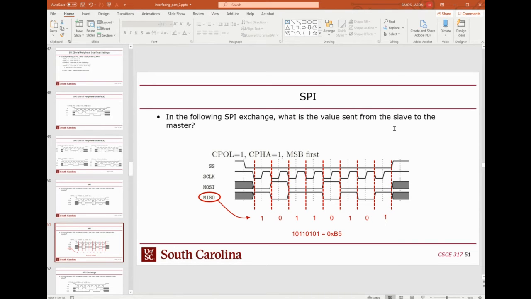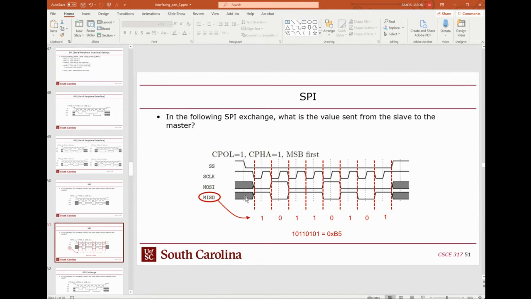SPI works in increments of 8 bits. So for one SPI transaction, you may have 1 byte exchanged or 2 bytes or more, right? In this case, there's 1 byte being exchanged, so there's 8 bit slots. The trick is to figure out where to read the bits from.